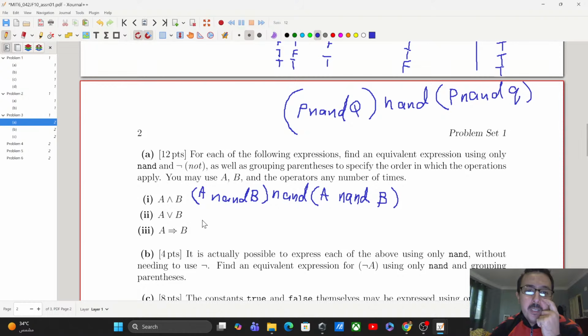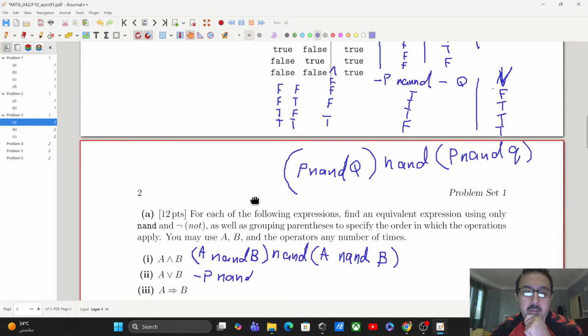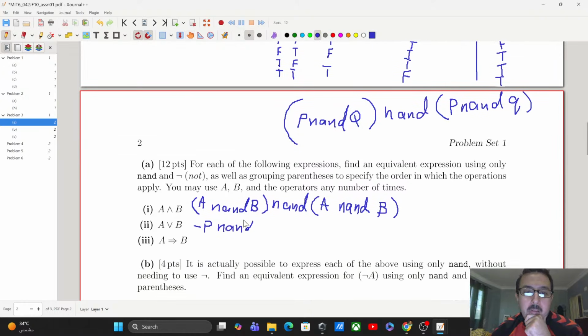And this actually is not P and, and not P. And here it's A again. It's A.